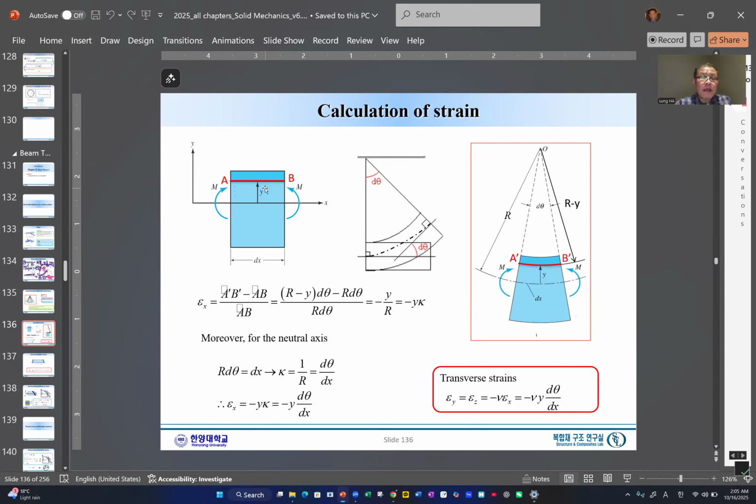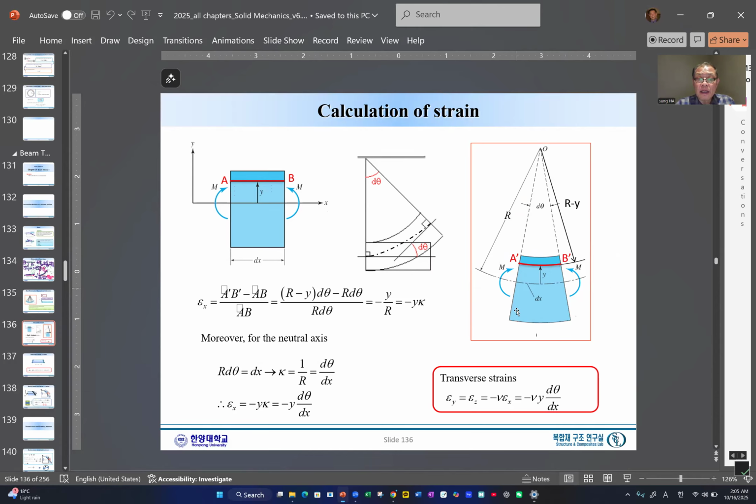Now, this AB is apart from the neutral axis by y, and this AB will be deformed after deformation like this. So after deformation, the length of A'B' will be, since this is R minus y, where y is the height, simply (R minus y) times delta theta.